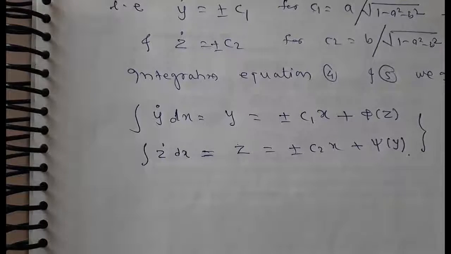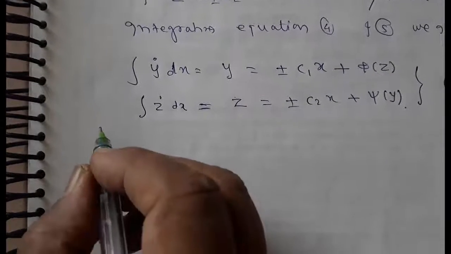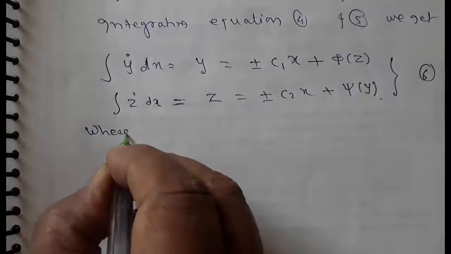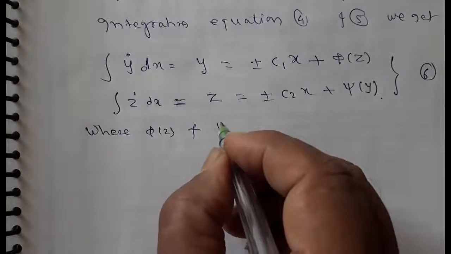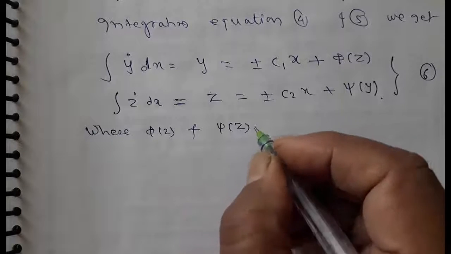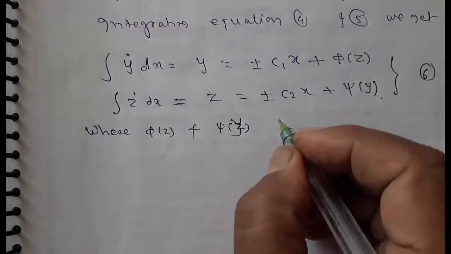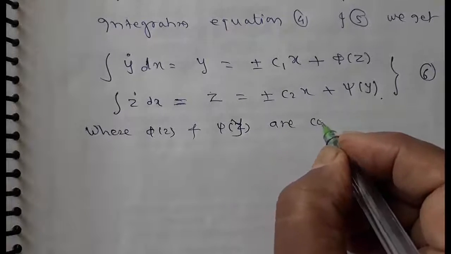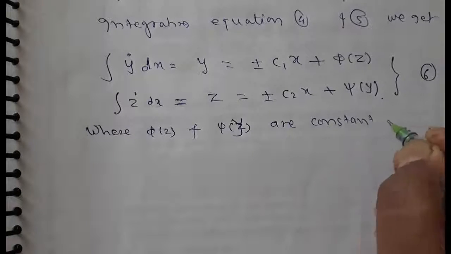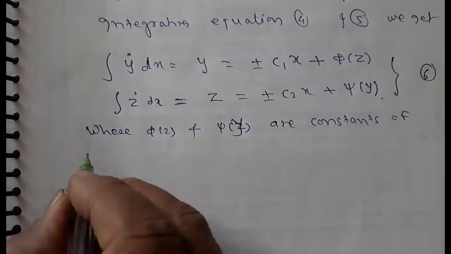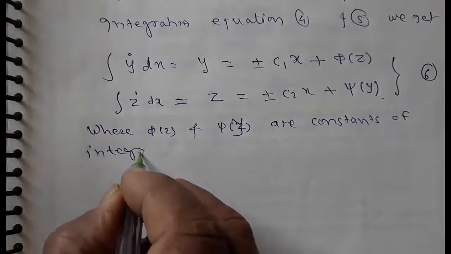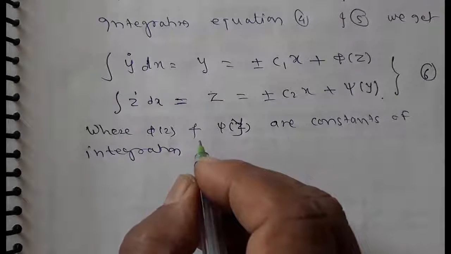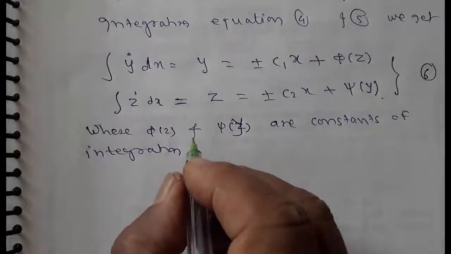These are equations 6, where phi of z and psi of y are constants of integration and may be functions of z and y respectively.